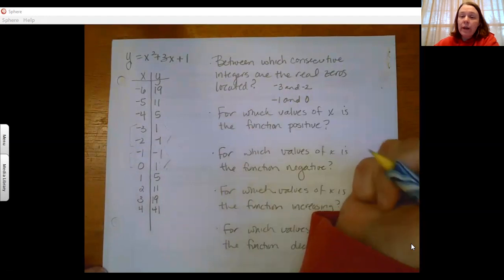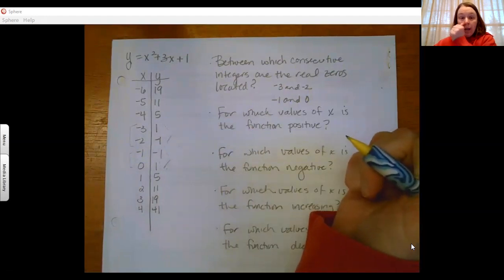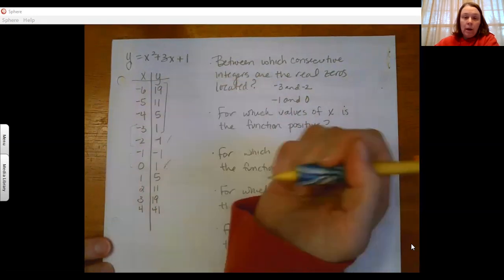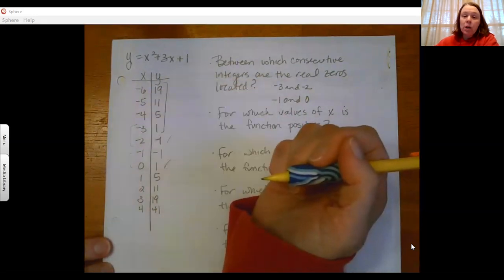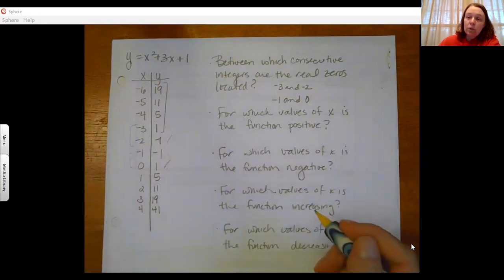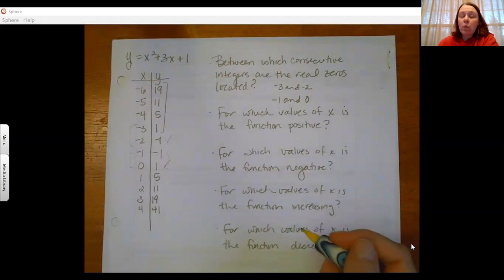Okay, so then for which values of x is the function positive? And so here we see a positive y value. When we were doing increasing and decreasing, it was for what x values was y increasing, for what x values is y decreasing. This is now asking for what x values is the function positive.